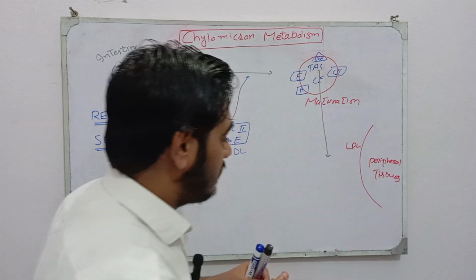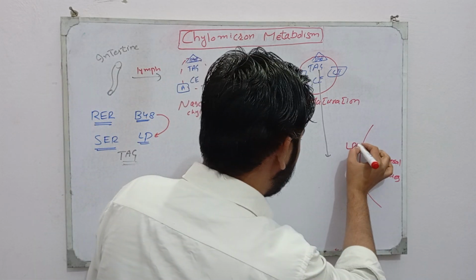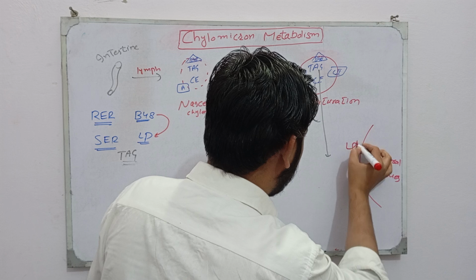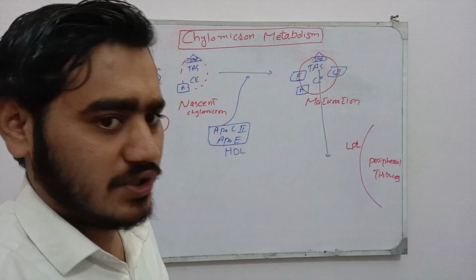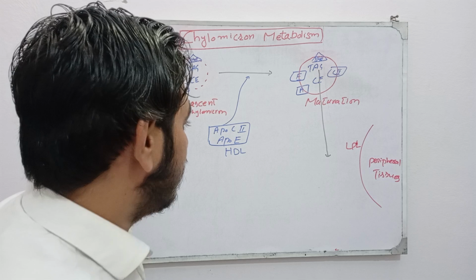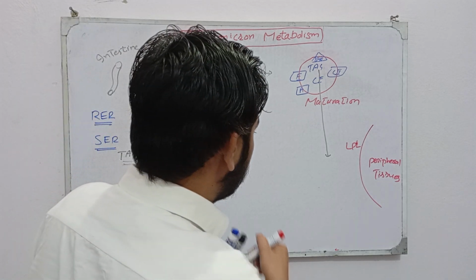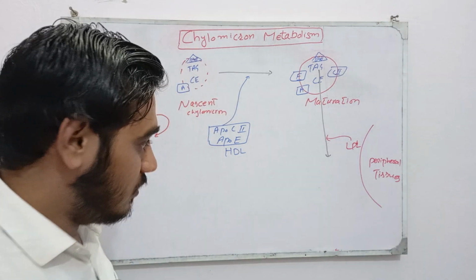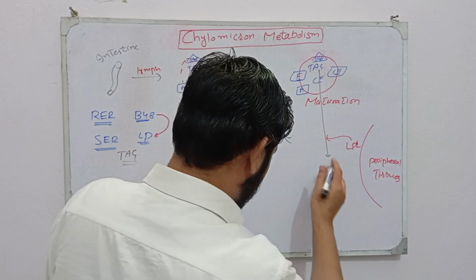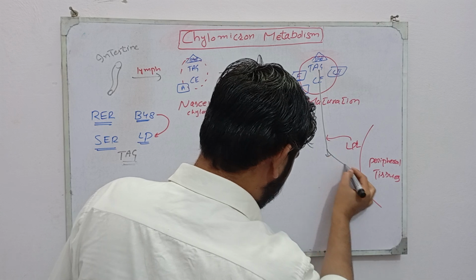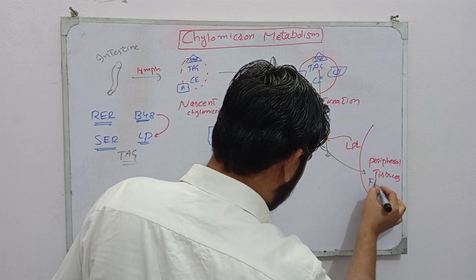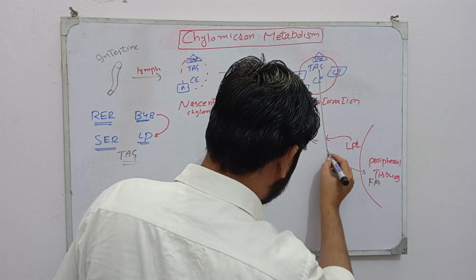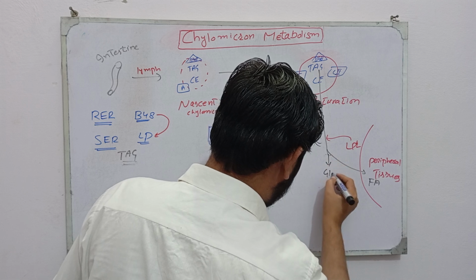Fatty acids get transported into the peripheral tissue, while there is glycerol.